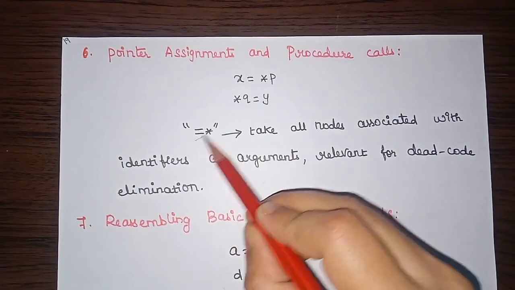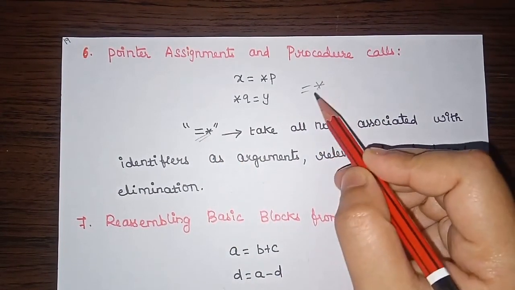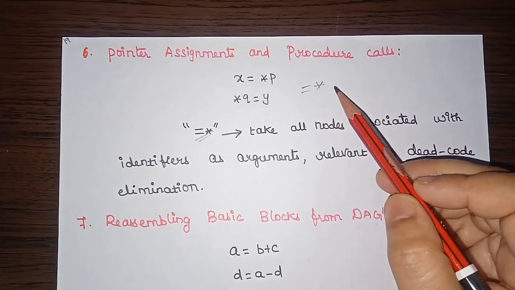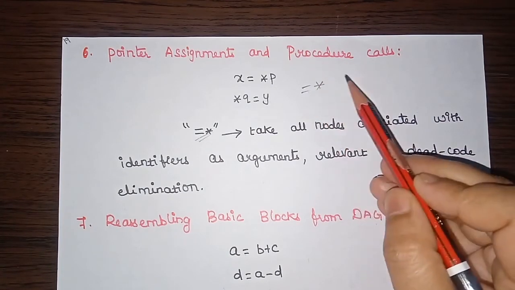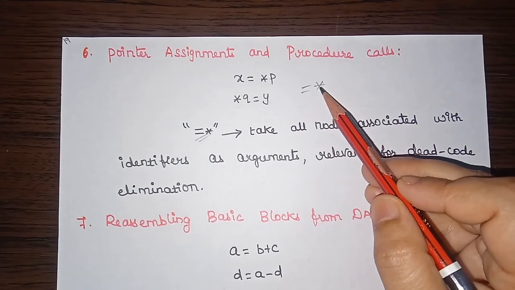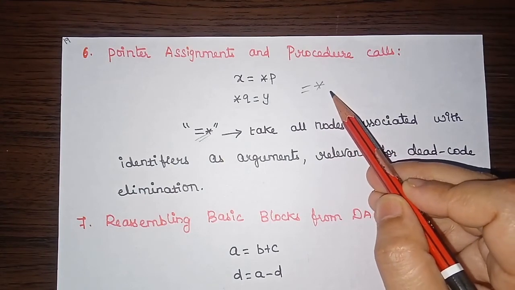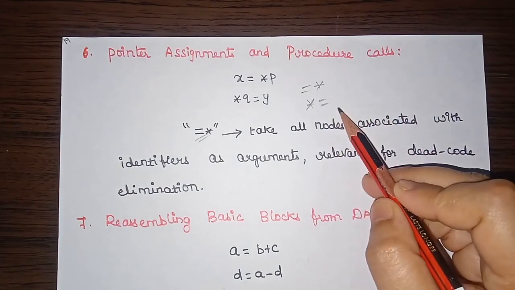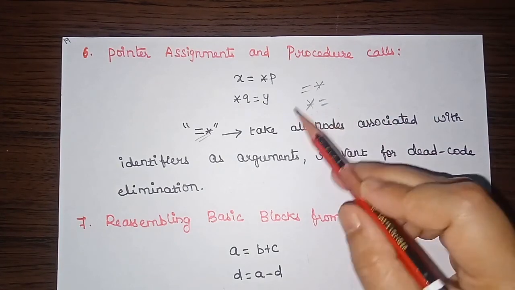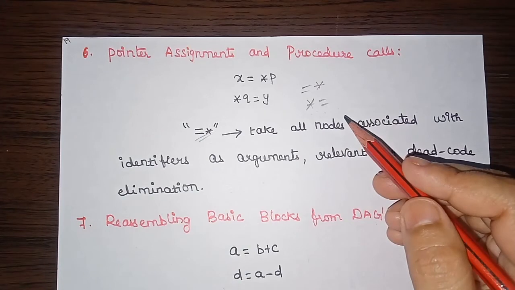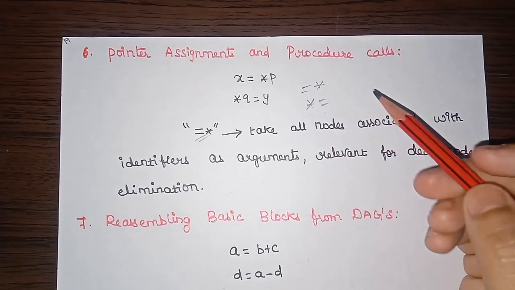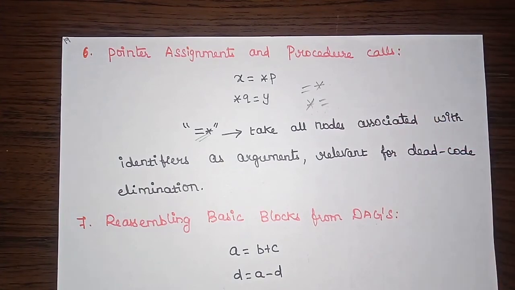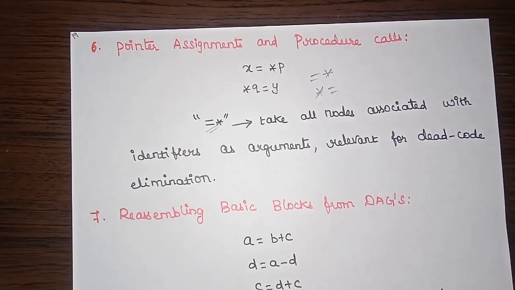When we have this operator, that is equal to star, this operator must take all the nodes that are currently associated with identifiers as arguments, and this can be relevant for dead code elimination. And when we have this kind of operator, that is star equal to, this operator kills all the other nodes that are constructed so far in the DAG. So these two operators have these properties.